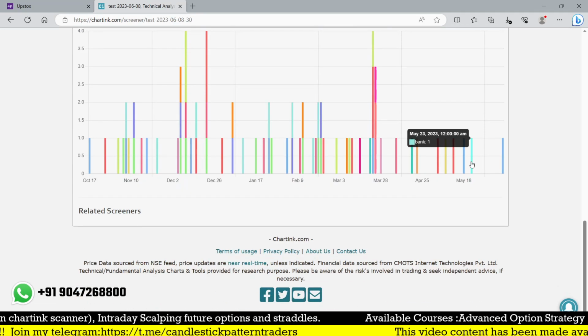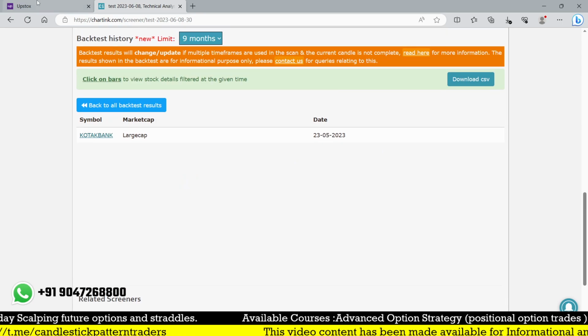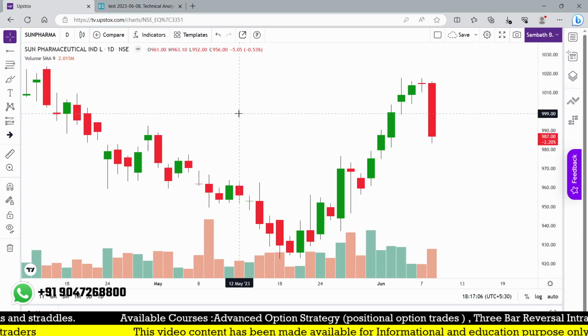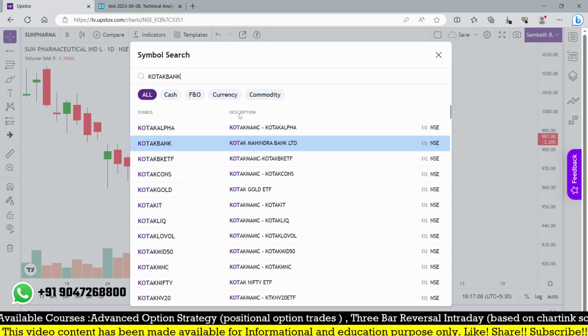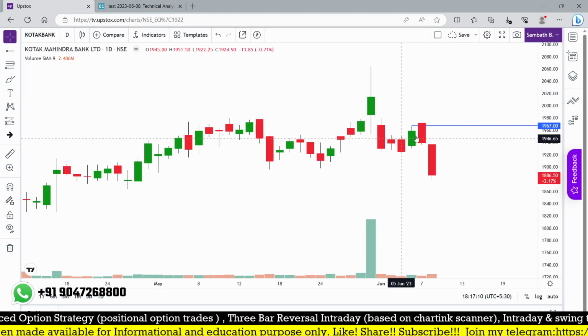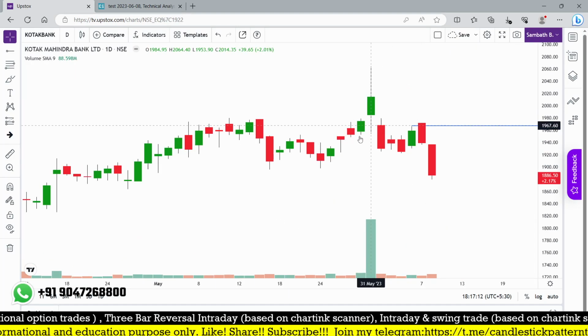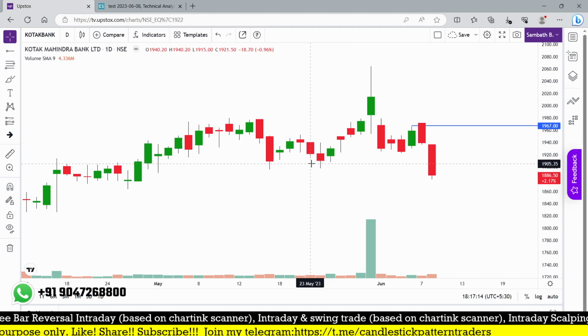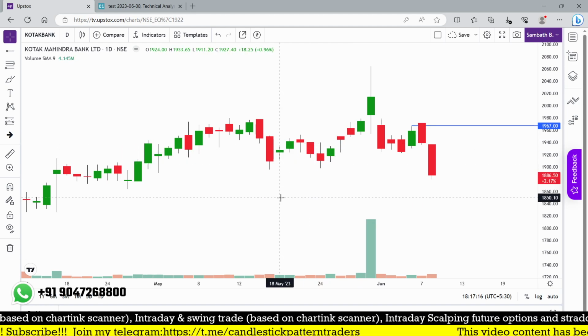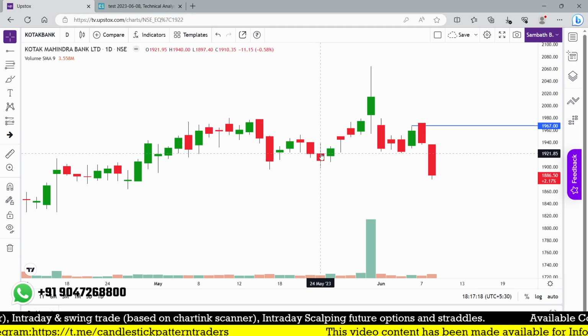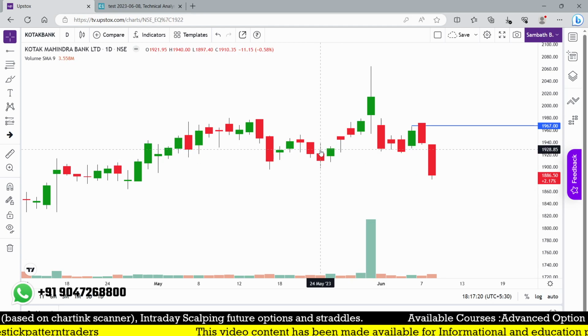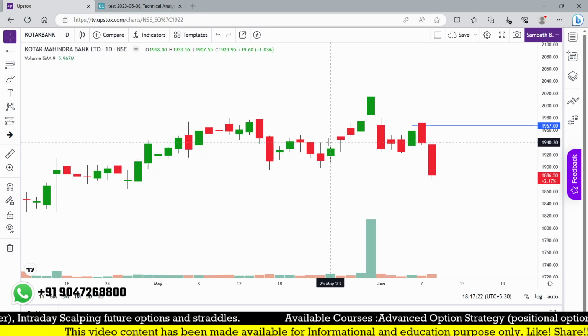Okay, so we had some stocks previously, Kotak Bank. So let me go and check Kotak Bank, 23.5. Yeah, this particular day. After three consecutive lower volumes, we find it, and maybe after that at 23.5 we are going to find a breakout.